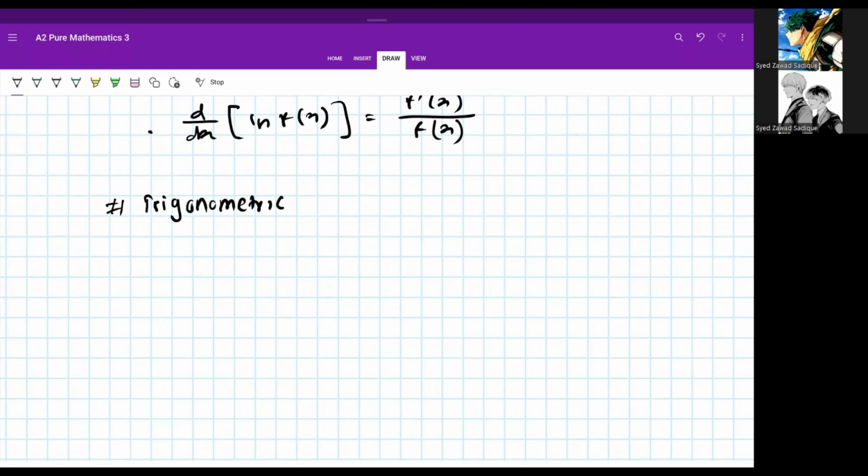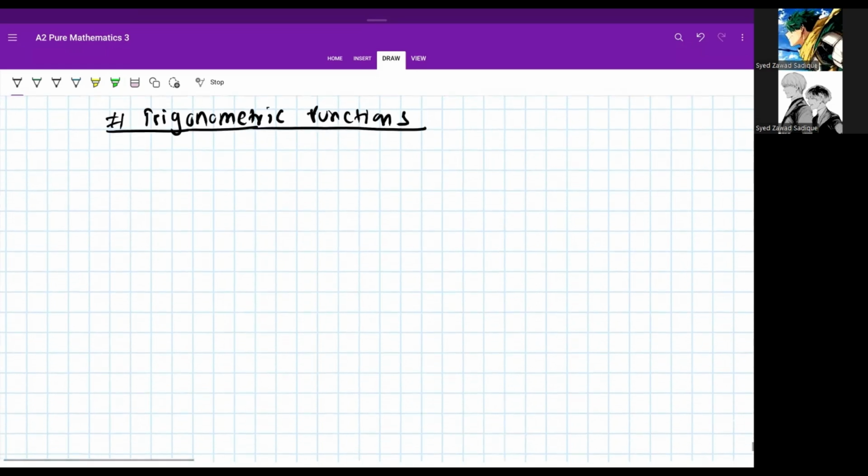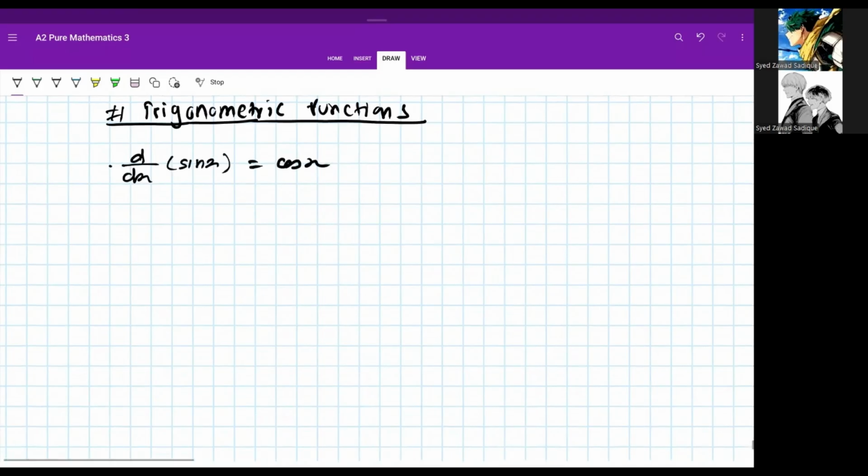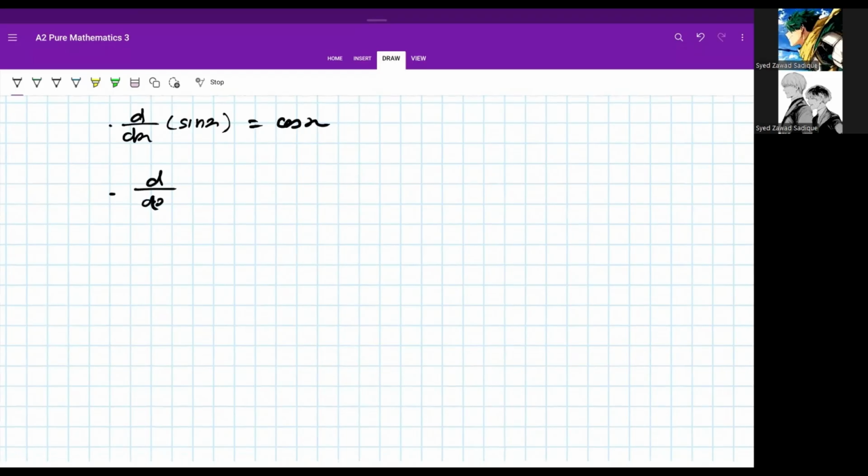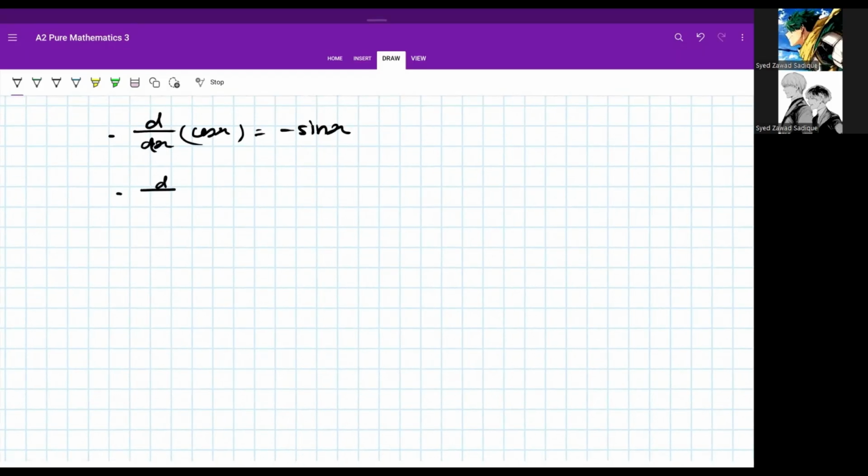Trigonometric functions, which is d by dx of sine x is equal to cos x, d by dx of cos x is equal to minus sine x, d by dx of sine ax plus b is equal to a cos ax plus b.